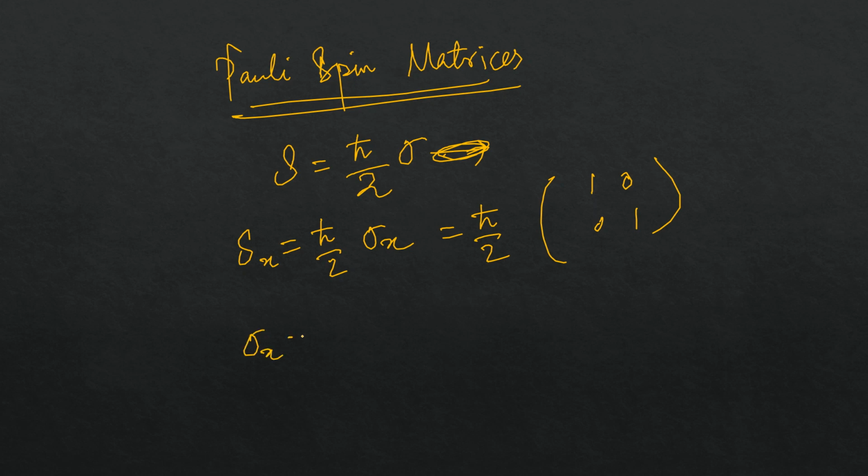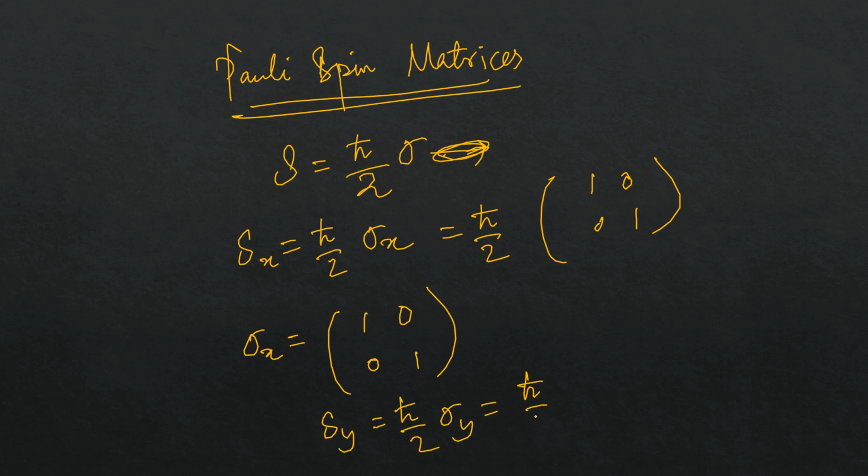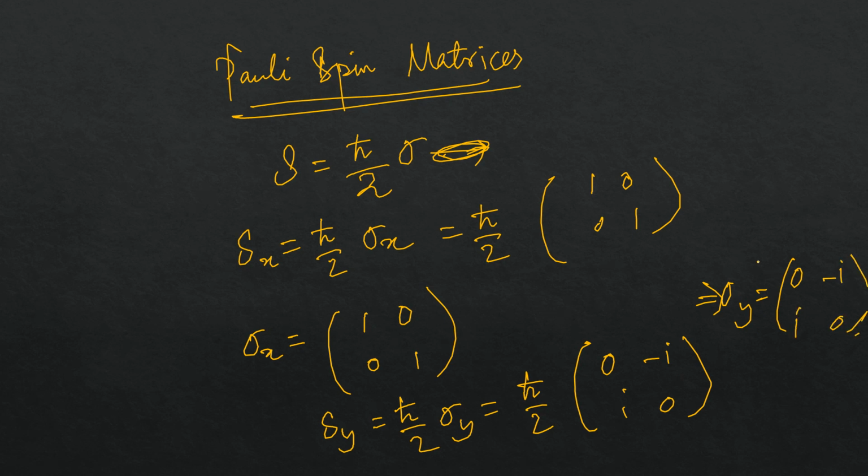So sigma x is how much? 0 1 1 0. Now Sy is h cut by 2 sigma y, which is equal to h cut by 2 times the matrix from the previous slide, 0 minus i i 0. So sigma y is 0 minus i i 0. Now Sz is equal to h cut by 2 sigma z, so sigma z is 1 0 0 minus 1.